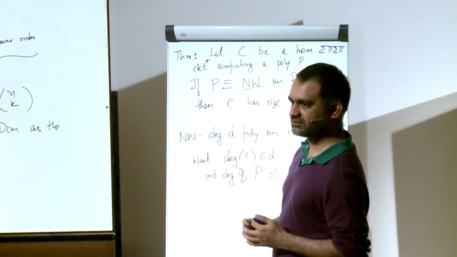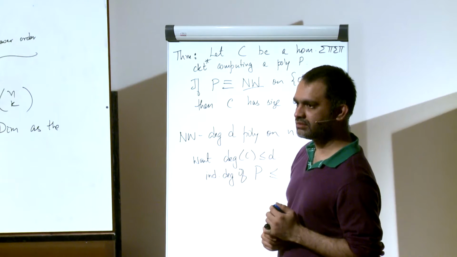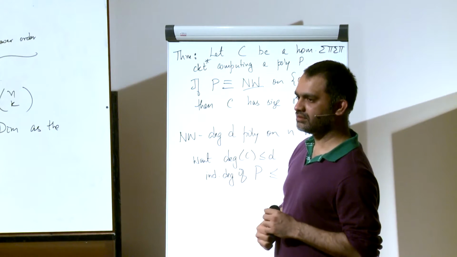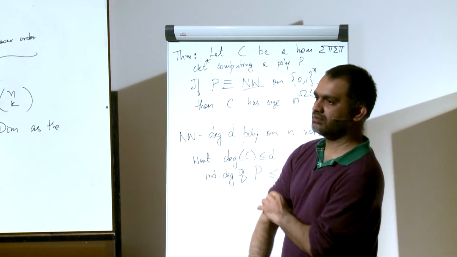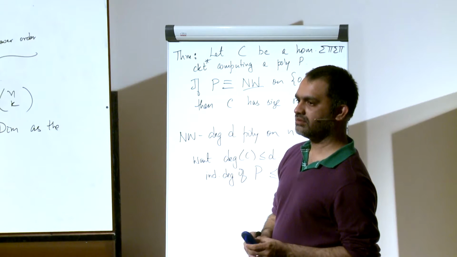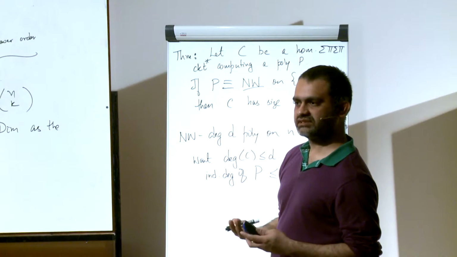Isn't there something known about the relation between multilinear circuits and circuits whose individual powers are constant? But relations in what sense?